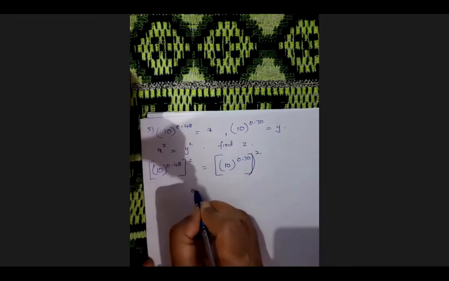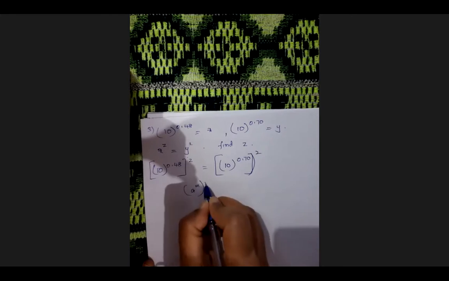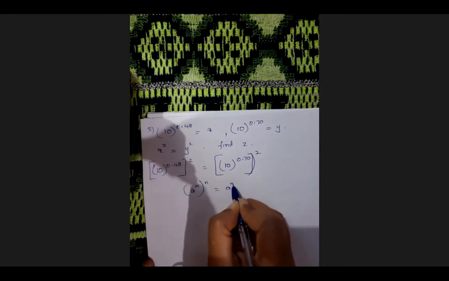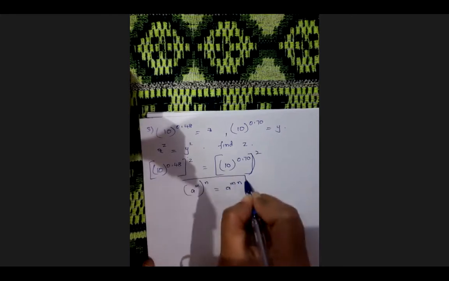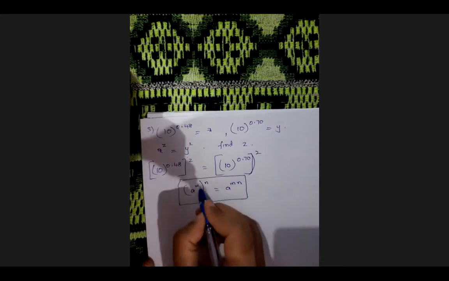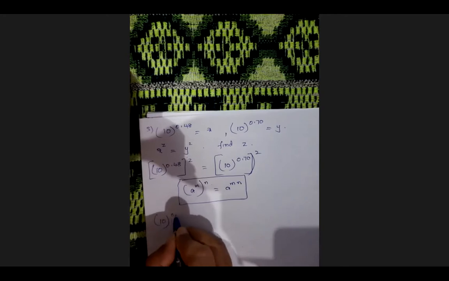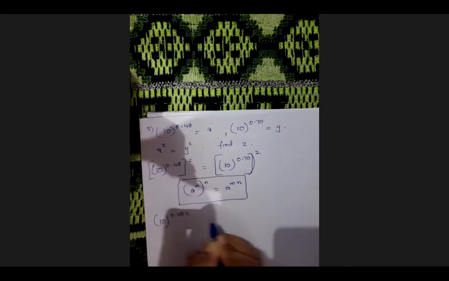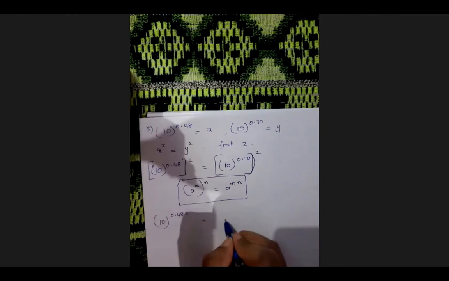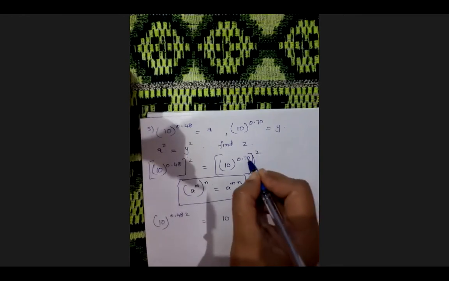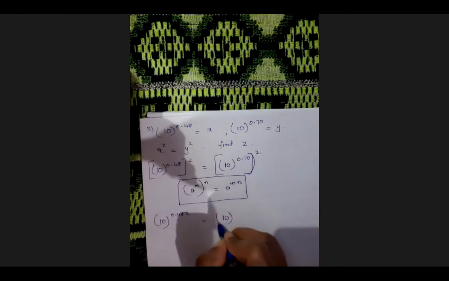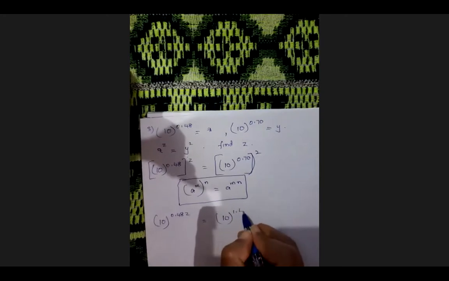So here one formula: a power m whole power n is equal to a power mn. Multiply those exponents. So 10 power 0.48z is equal to 10 power 1.40. Is it clear?